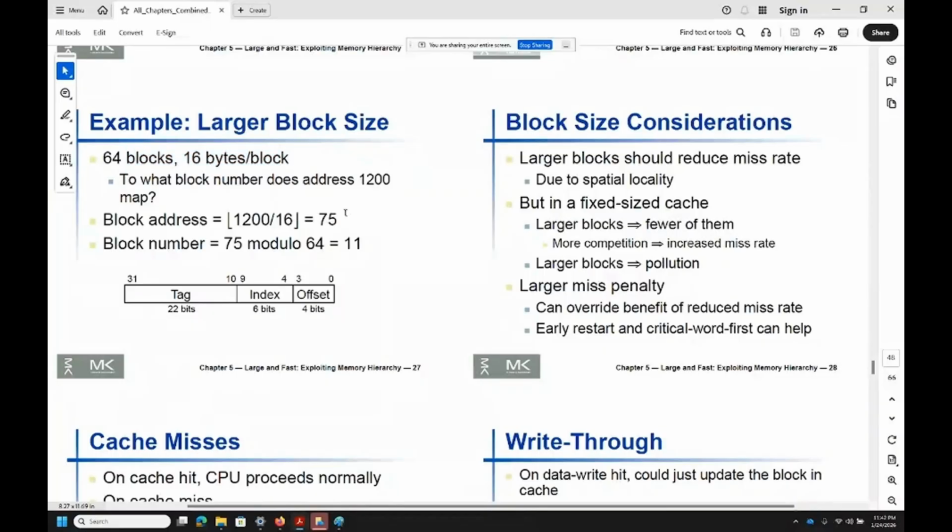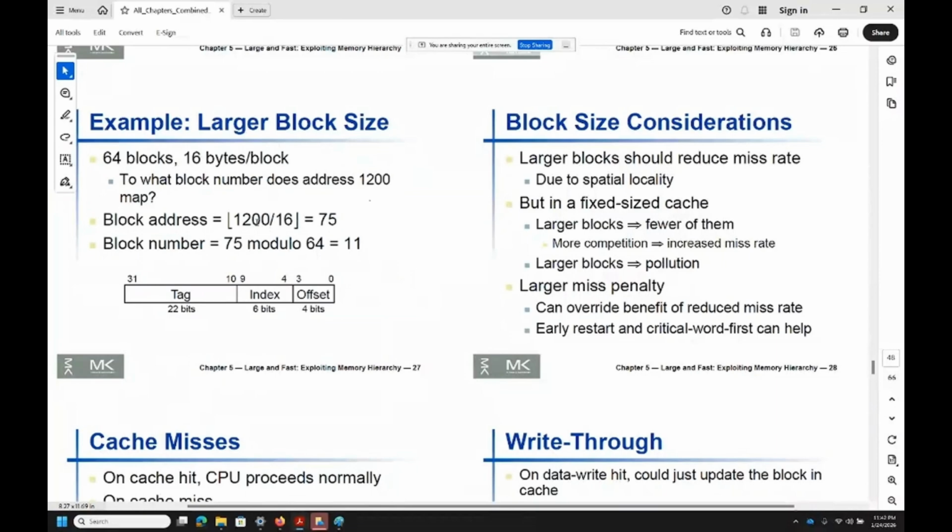So to which block number does address number 1200 map? It's 1200 divided by 16, which is again modular division you need to do. First you compute the block address, because each block is 16 bytes, right?